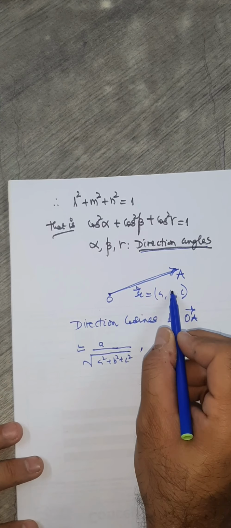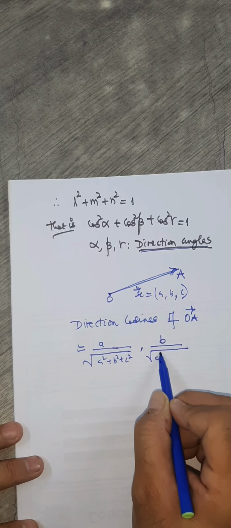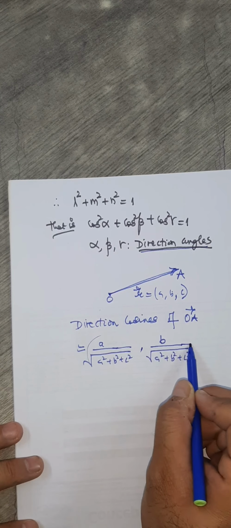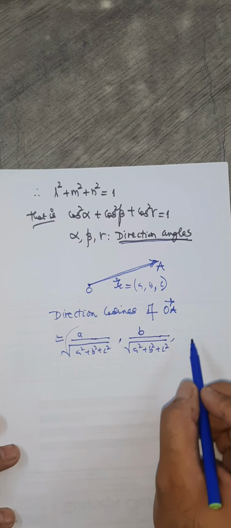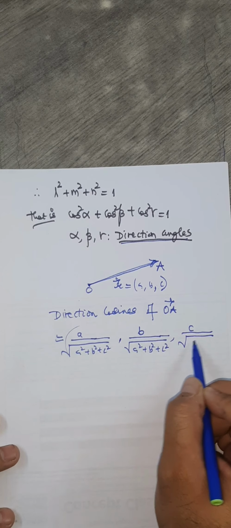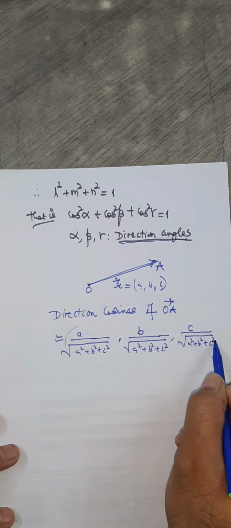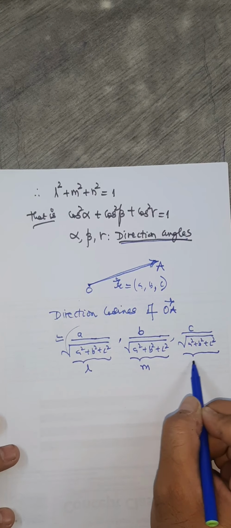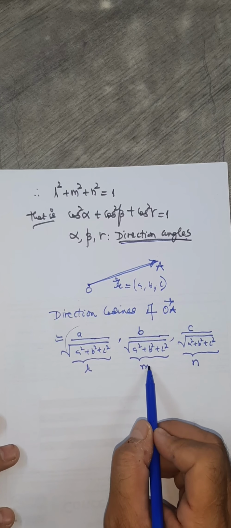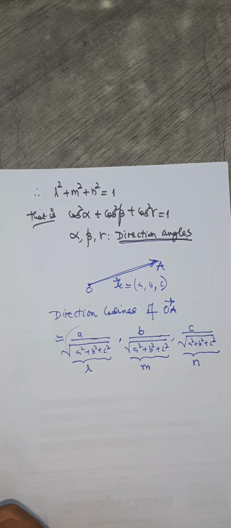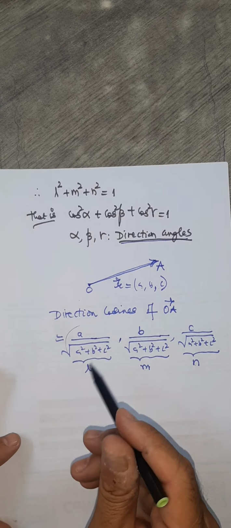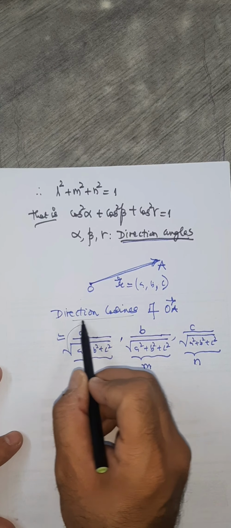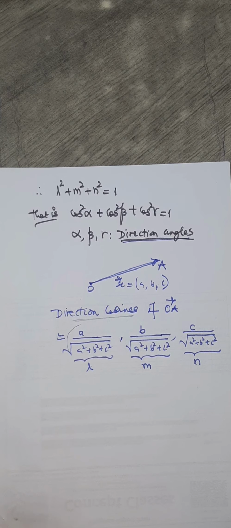What about the second one? b upon root of a square plus b square plus c square. And c upon root of a square plus b square plus c square. This is l, this is m, and this is n. You can verify that l square plus m square plus n square is 1. This is just the unit vector in the direction of the given vector.